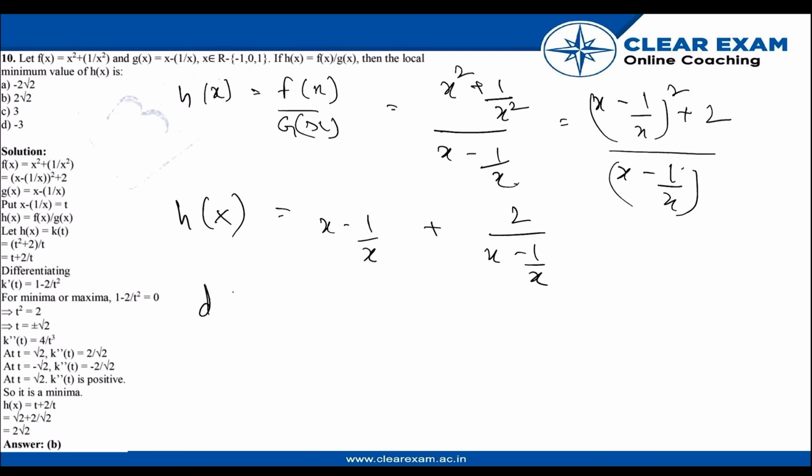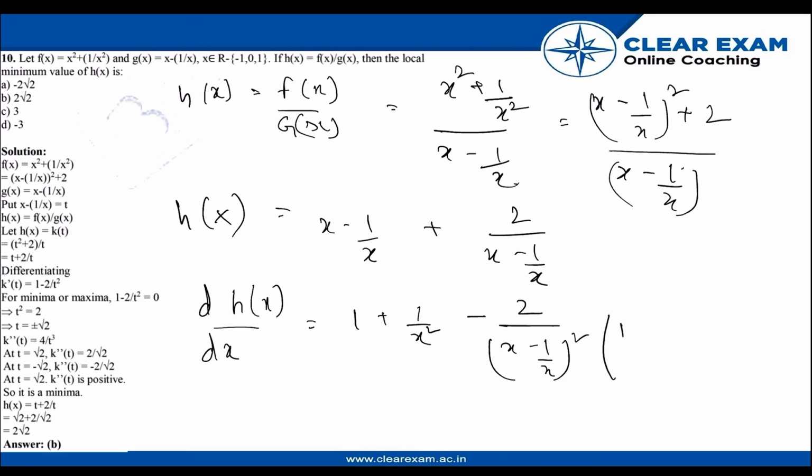So dh(x)/dx equals, we have the derivative of x − 1/x, which is 1 + 1/x², minus, using the chain rule, 2 upon (x − 1/x)² into (1 + 1/x²). Easy.